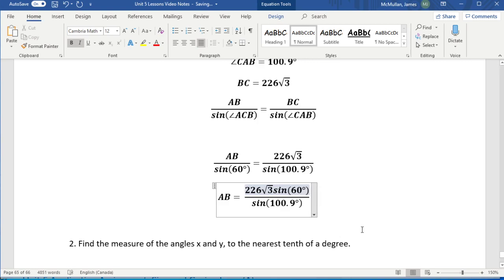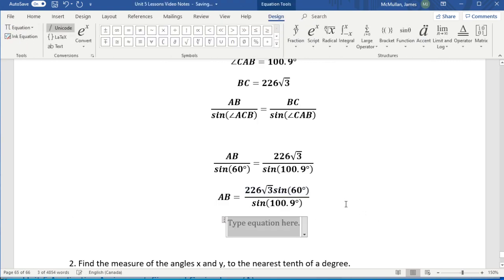Bring the sine 60 up. And we get sine 60 is root 3 over 2. Right? Sine goes up towards 1. So root 3 over 2 times root 3 gives you 3. So it'd be 3 times 113, which would be 339 over sine 100.9.